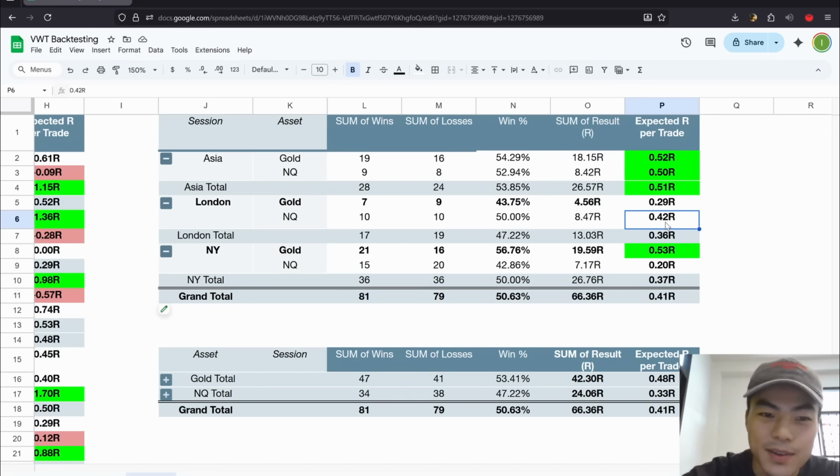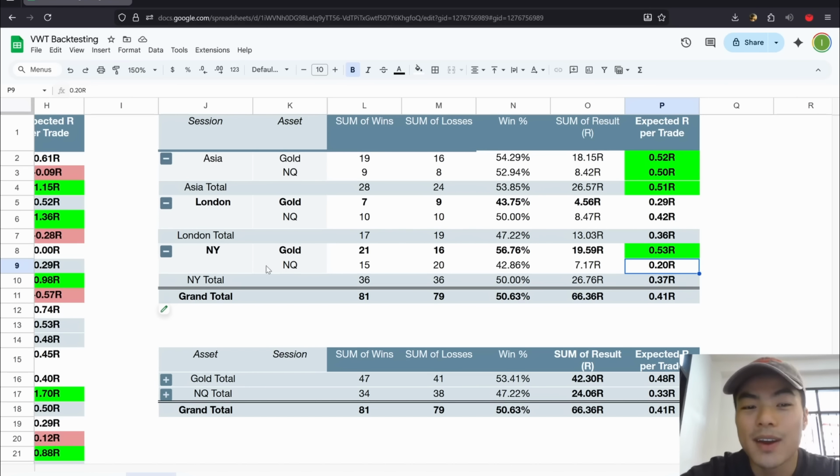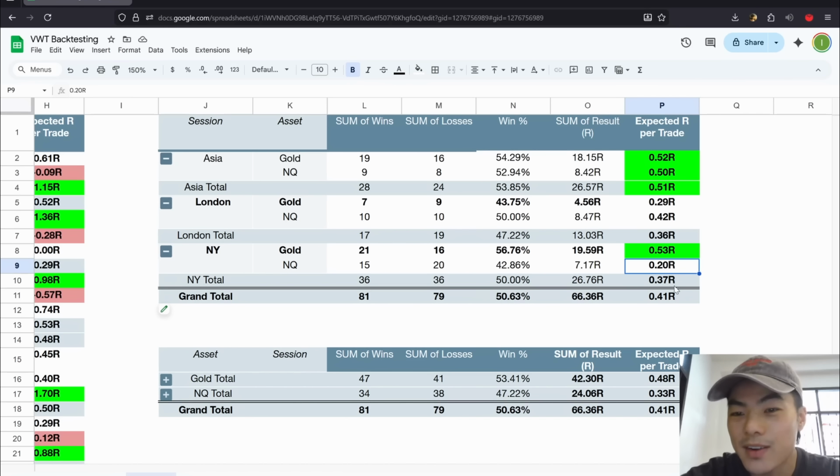London NQ is decent. New York gold, surprisingly pretty good. But trading NQ during New York session seems very low R, 0.2 R. Still positive, but not the greatest. So my main takeaway from this is Asia is king. NQ and London is still okay, but lower expectancy than Asia.